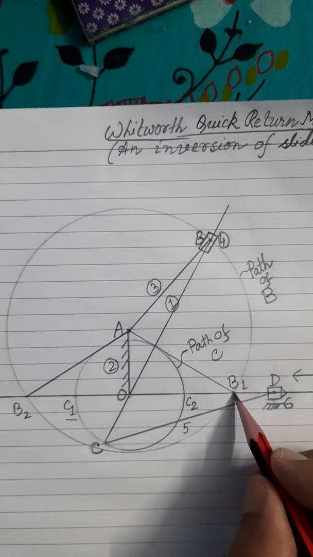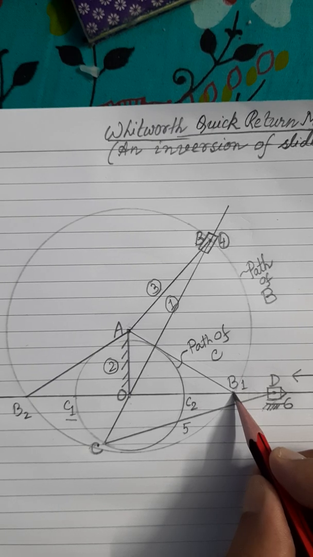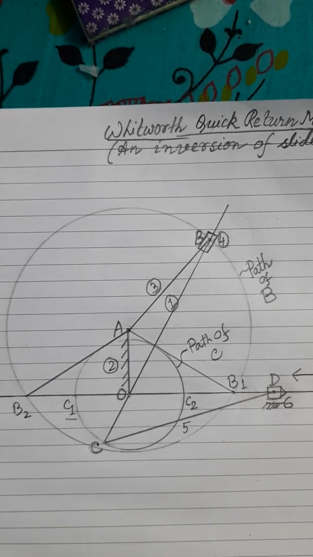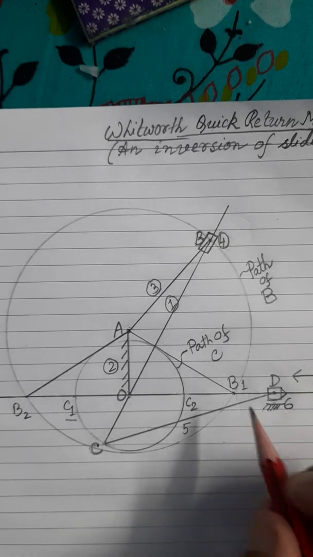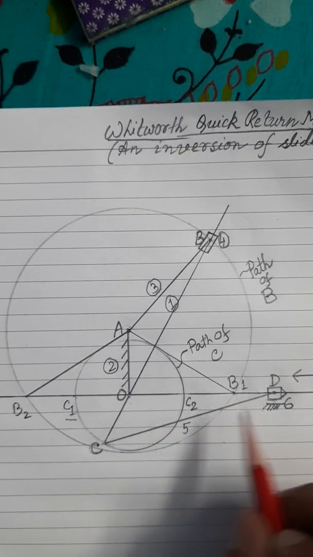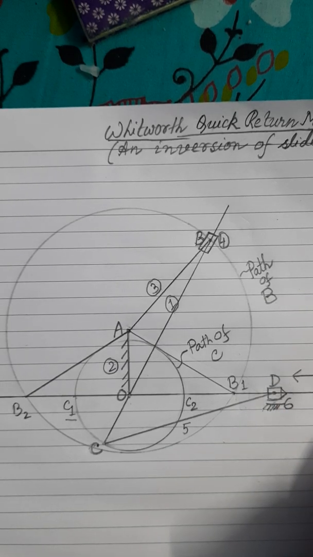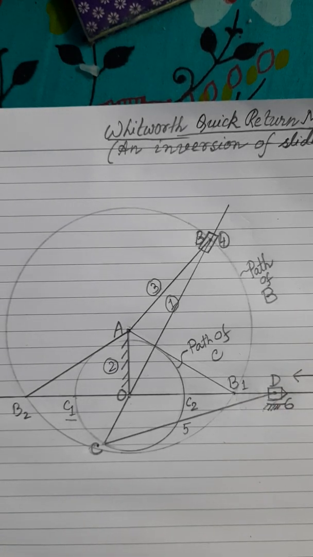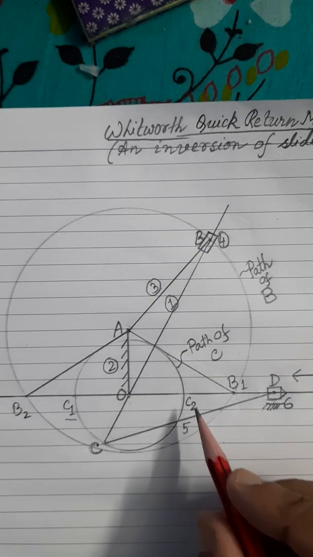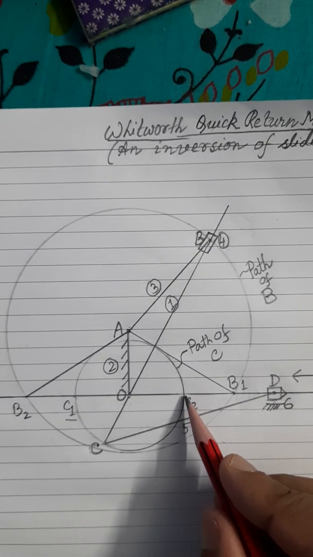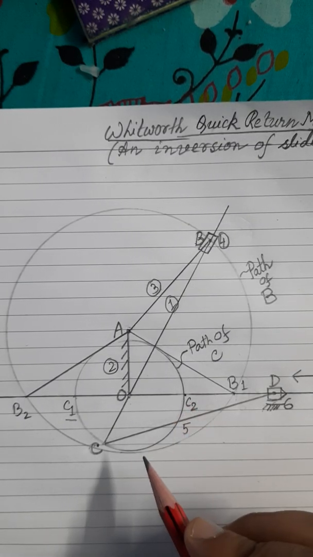So how we can obtain C2 and B2? That means position of B and C corresponding to extreme right position of D. So for that, what we will do? We will try to obtain this position C2 at first.